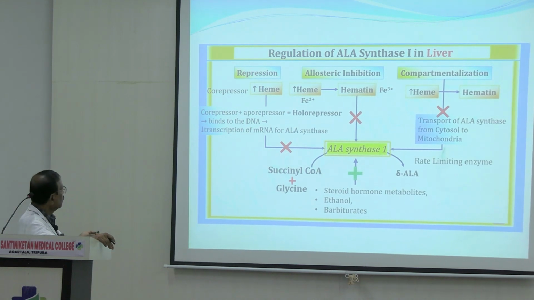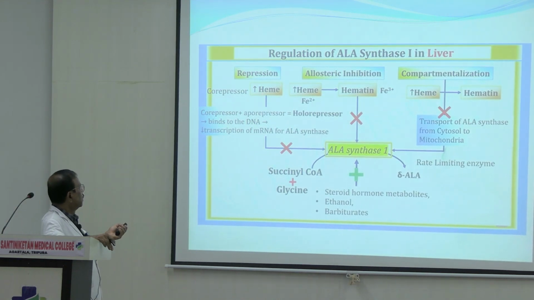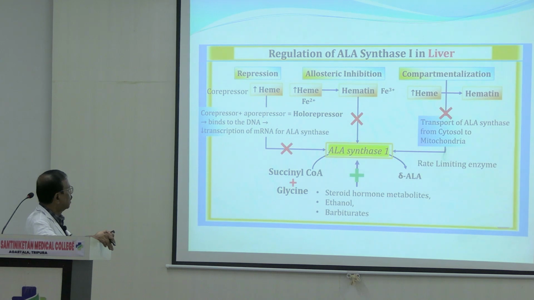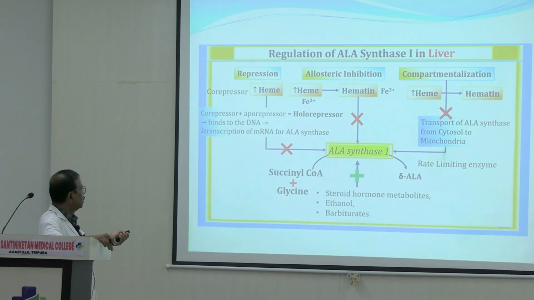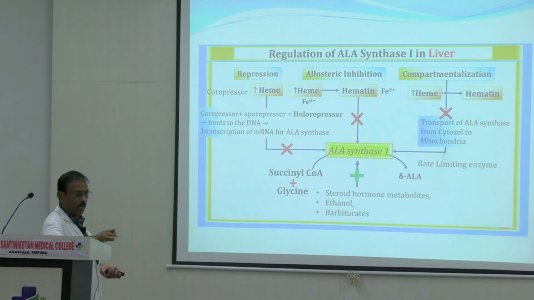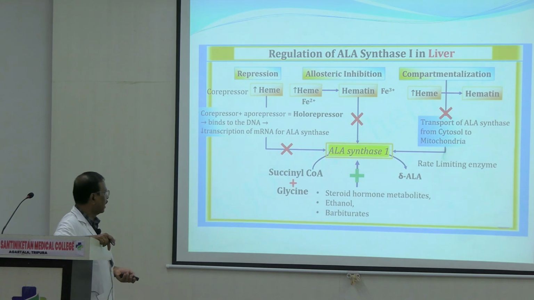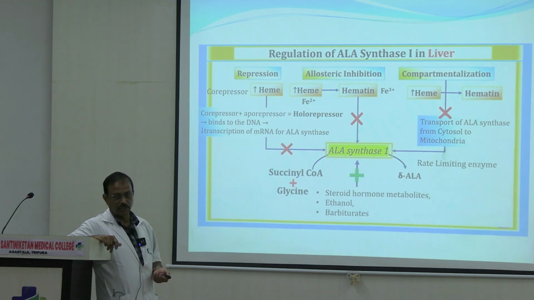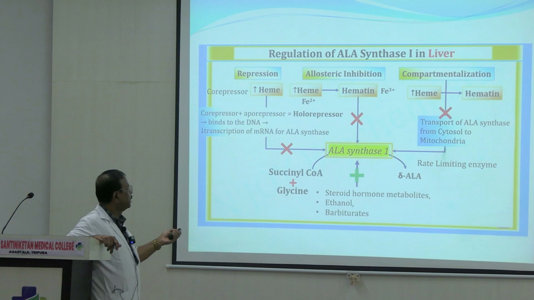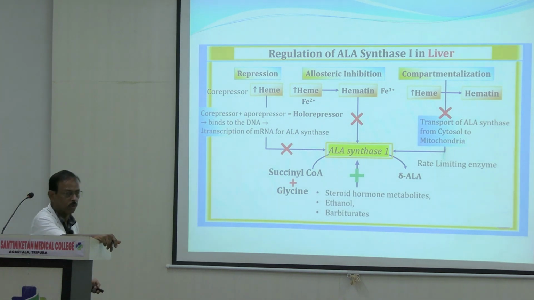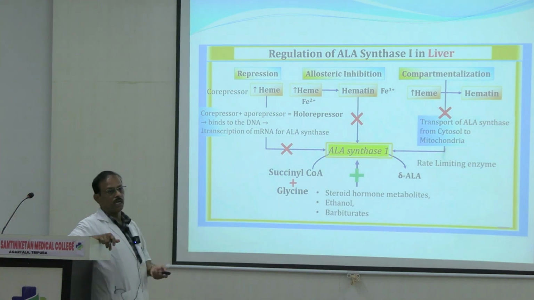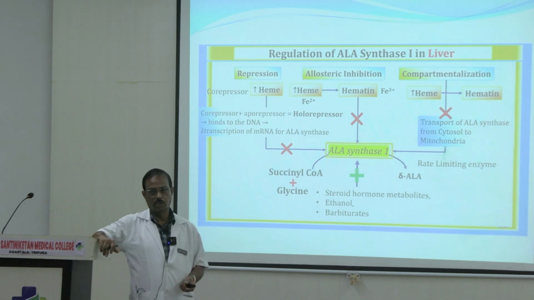So heme binds with aporepressor and forms holorepressor. This holorepressor binds with DNA, thereby decreasing transcription of mRNA for ALA synthase. When heme as holorepressor binds with DNA, it inhibits.